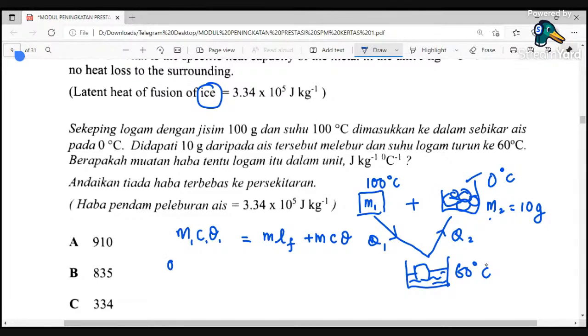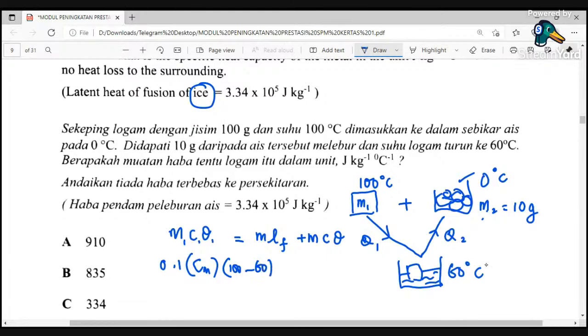So 0.1, the specific heat of the metal, c of metal, change in temperature 100 minus 60 equals to 0.1, latent heat of fusion 3.34 × 10^5, plus 0.1 specific heat capacity of this one not given.